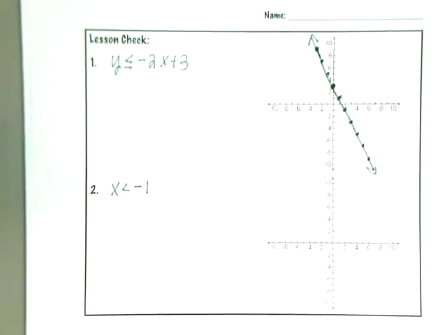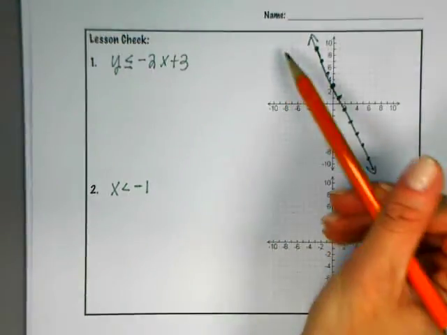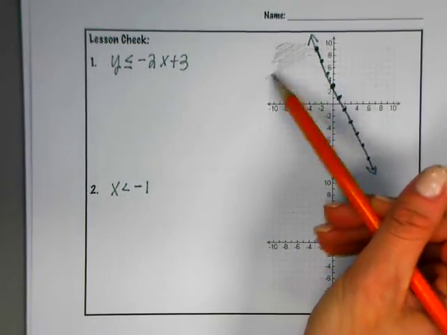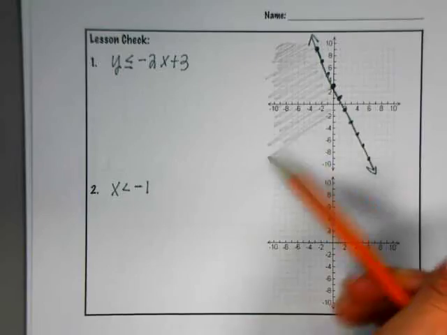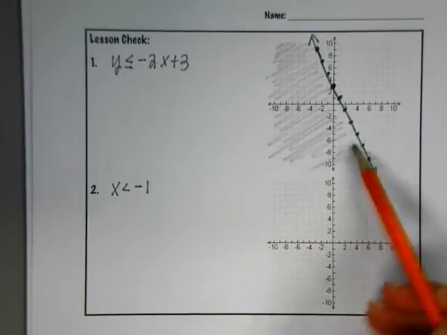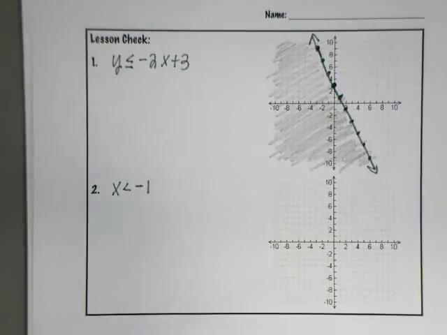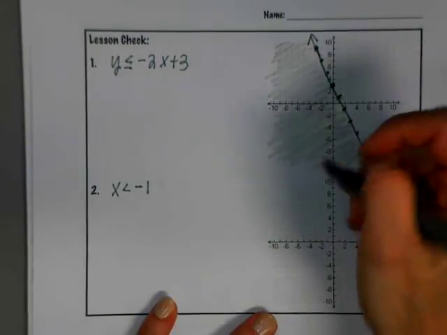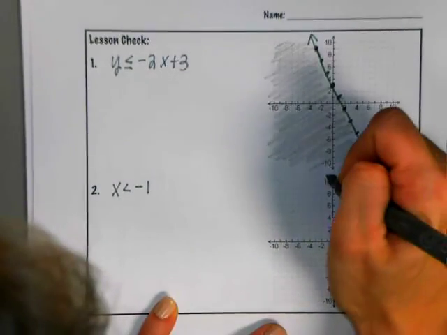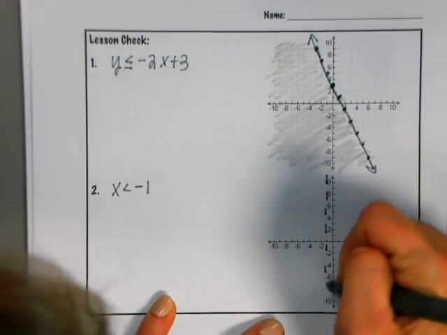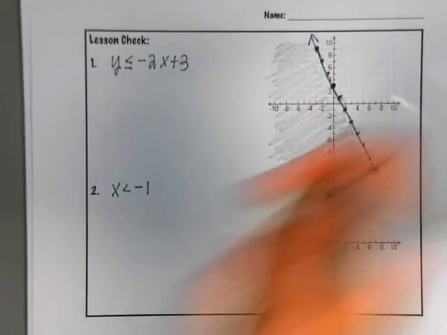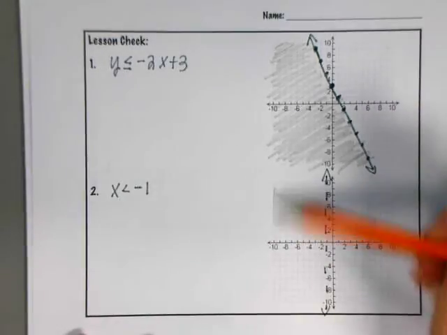And then it should have been shaded below, so on this side. Okay, and then the other one, there's going to be a vertical line at -1 that's dashed. And then it's less than, so shaded below, so this side.